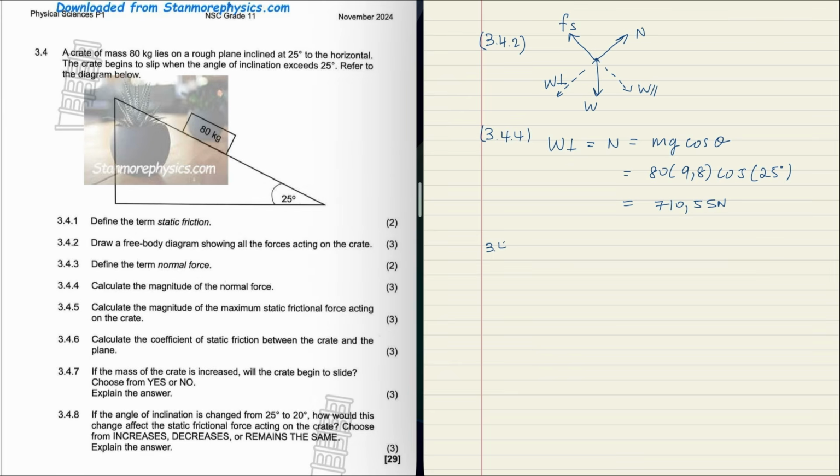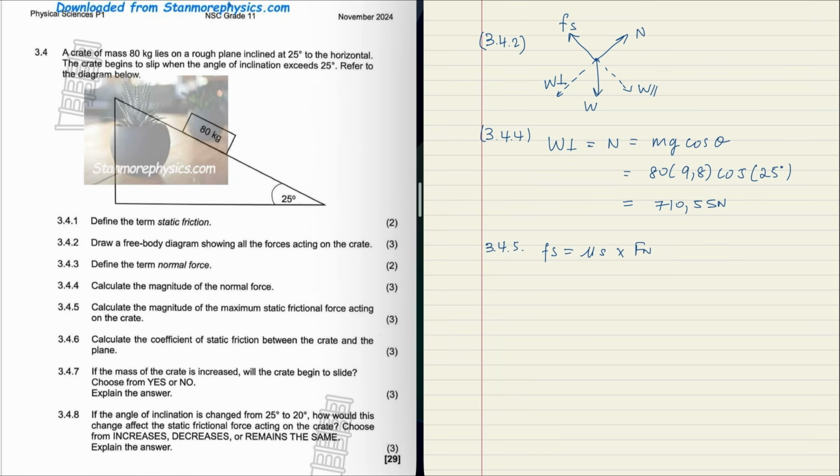Question 3.4.5. Calculate the magnitude of the maximum static friction acting on the crate. So friction is equal to mu s times Fn. But we don't know friction. Okay, so they're asking for the magnitude of the maximum static friction acting on the crate.